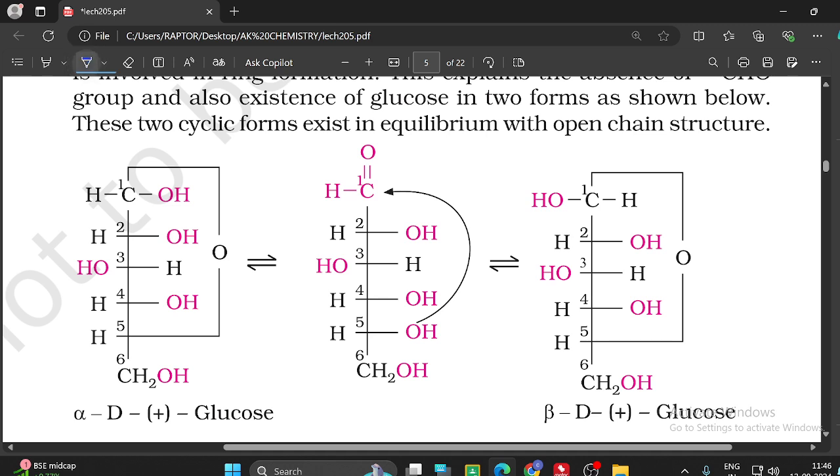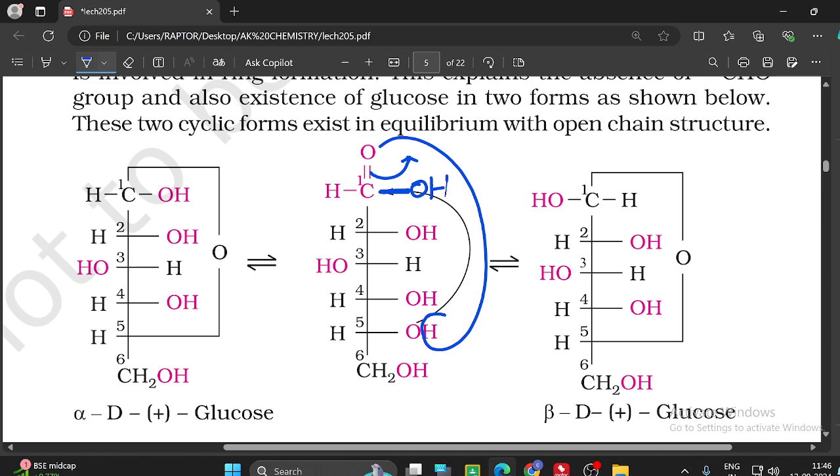Listen ma'am. Actually, here this is the structure of glucose, right? The middle one is the structure of glucose. The first one is the aldehydic carbon, and the last one is the primary alcohol. So between them we have 4 secondary alcohols. Now see, this oxygen expands to make a bond with this hydrogen, right? This oxygen takes this one. Because of that, a new bond is formed.